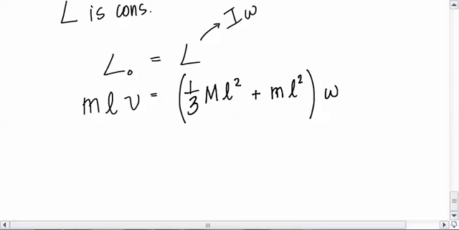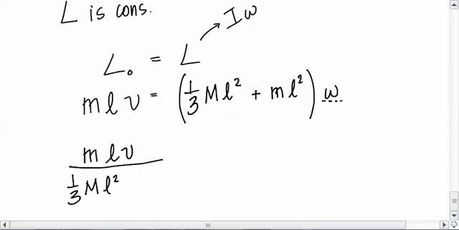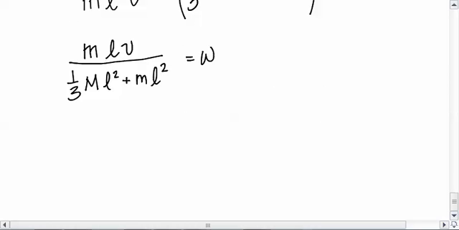So, can we find the angular speed of the system after the collision in terms of m's, L's and v's? And there you go. We could simplify, and I think some of you don't like the 1/3 on the bottom like that.